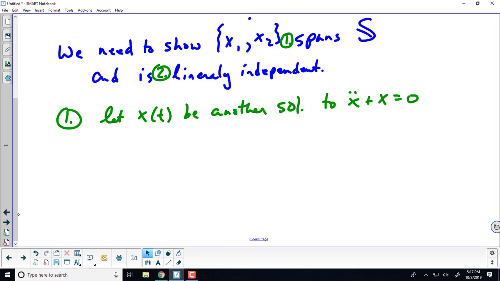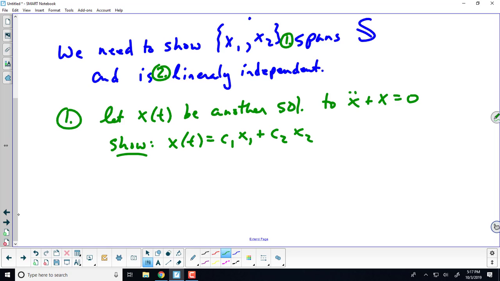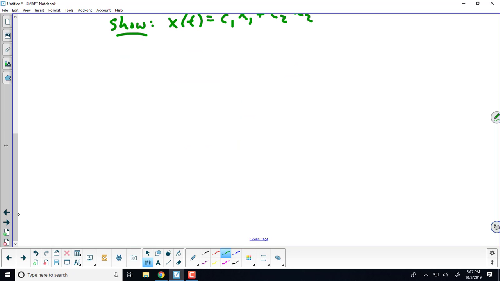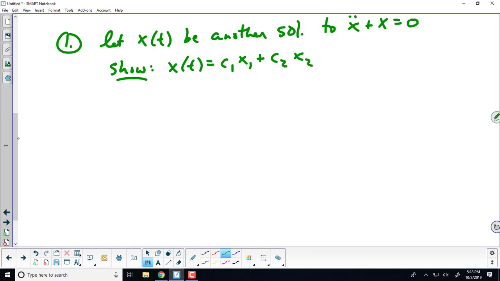Okay? So we need to show that x of t can be written as c1 x1 plus c2 x2. Okay. Well, let's first say c1 x1 plus c2 x2 solves x double dot plus x equals 0 for all c1, c2.